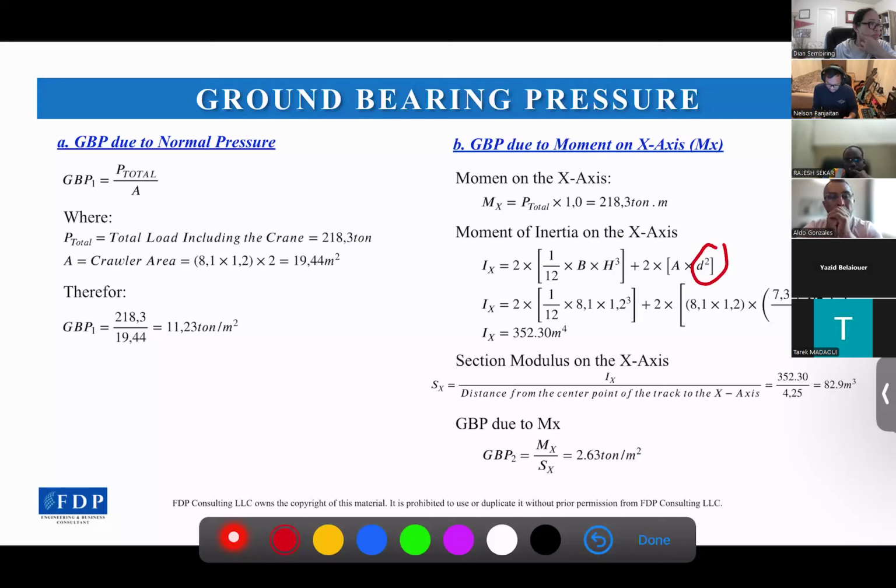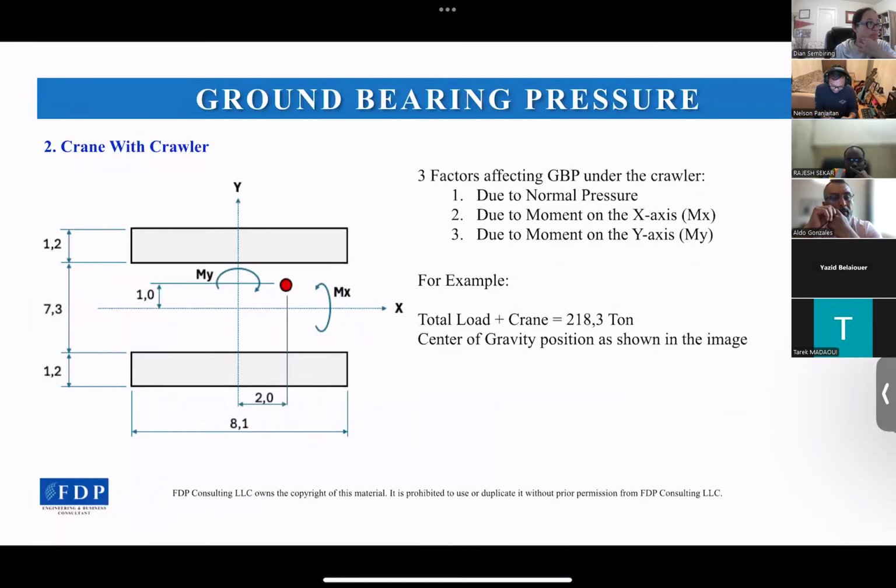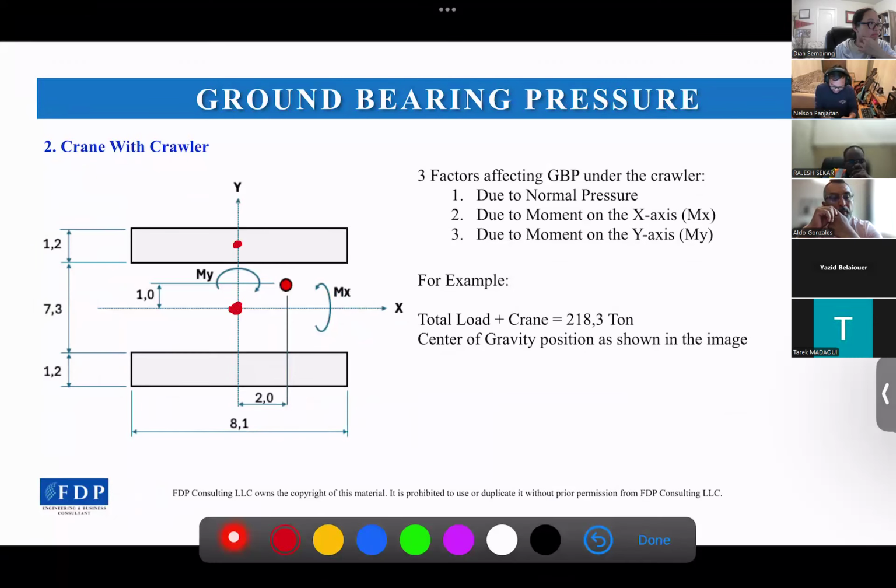But it is the distance from the center, that's the center of 7.3, not all 7.3. So the center to the center. Okay. Yes, thank you, Nelson.